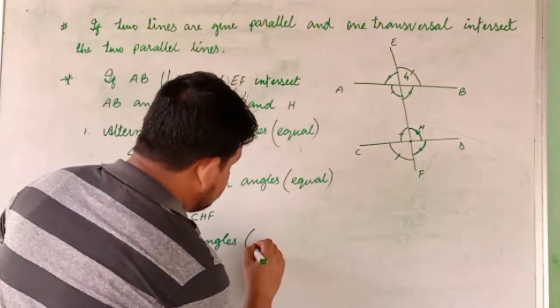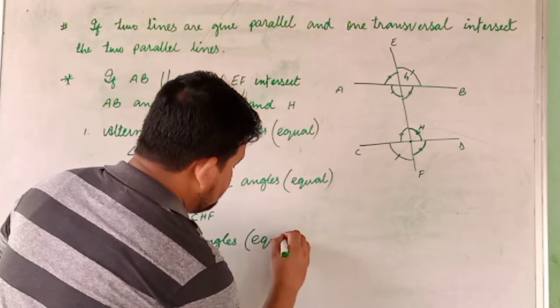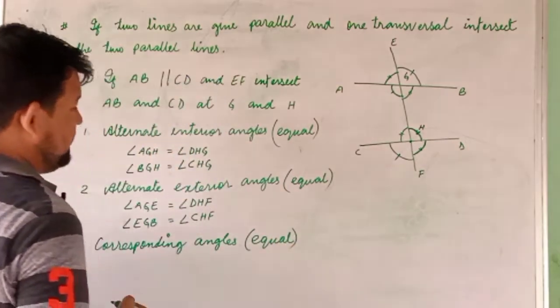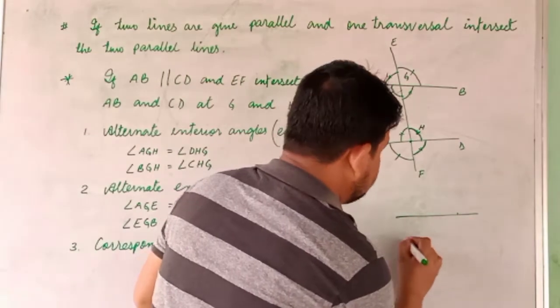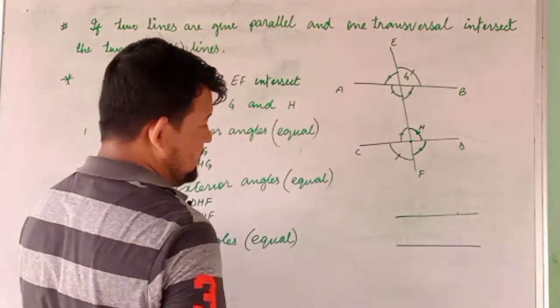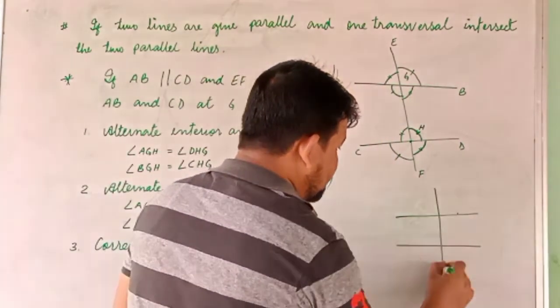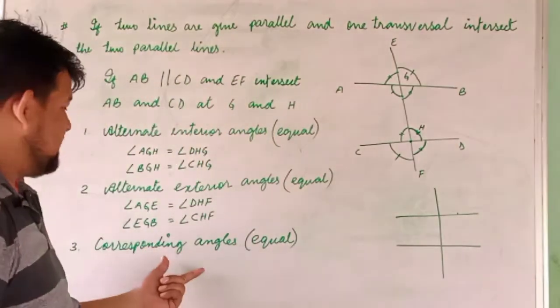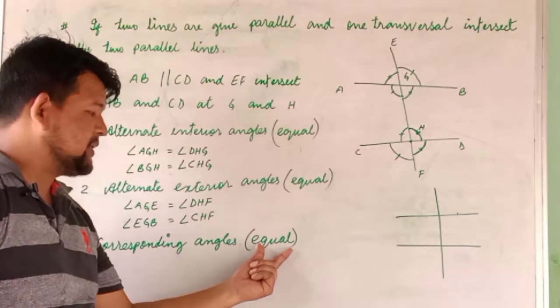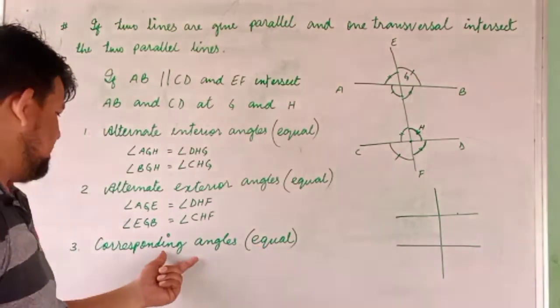So corresponding angles are also always equal. So we will have to remember this also. Suppose these two parallel lines are given to you, and one transversal is given like this, then which angles are called corresponding angles? Now let us see. And we know corresponding angles are always equal according to the property.